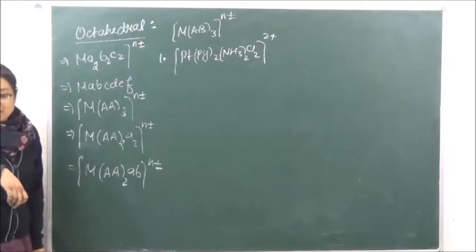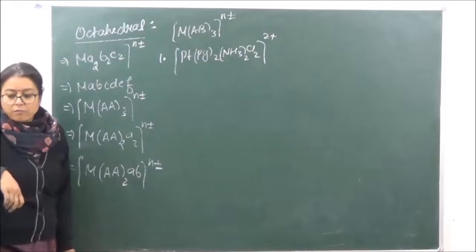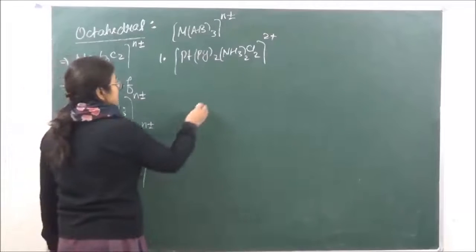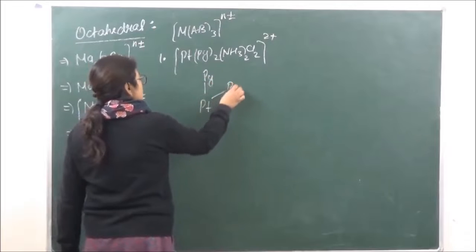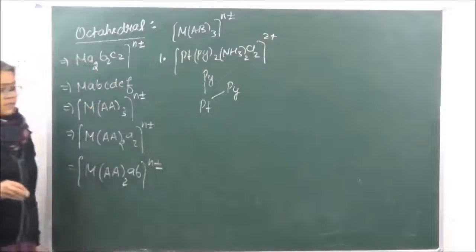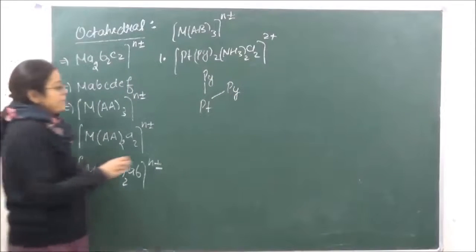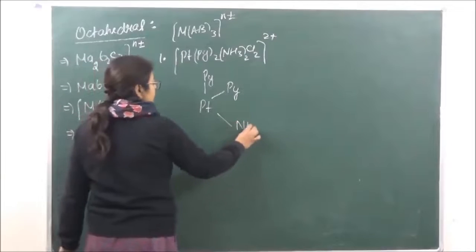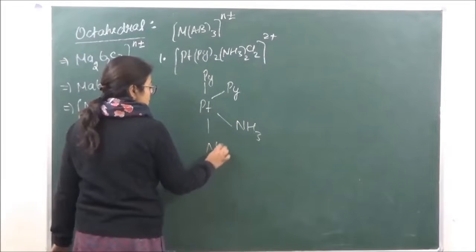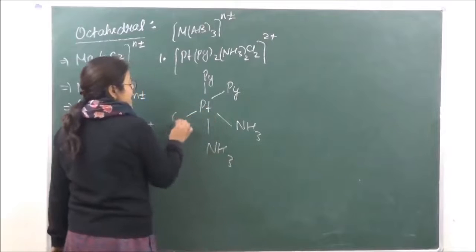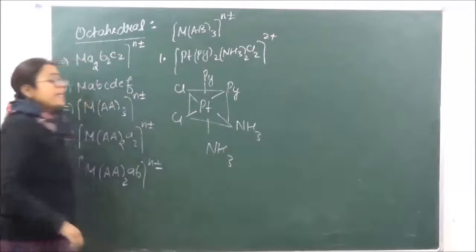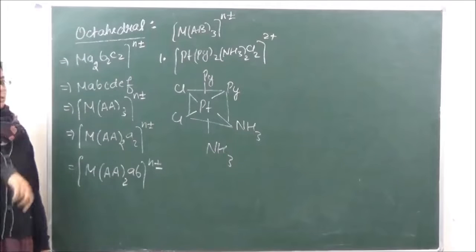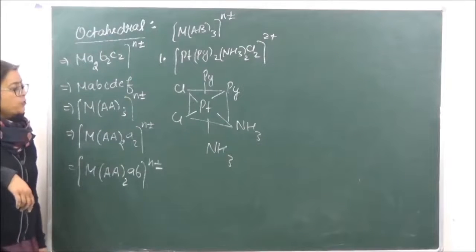Now in this case, when we are talking of the cis isomer, cis means that we have pyridine and pyridine at adjacent positions, ammonia at adjacent positions, and chlorine at adjacent positions. So this is going to be a cis.